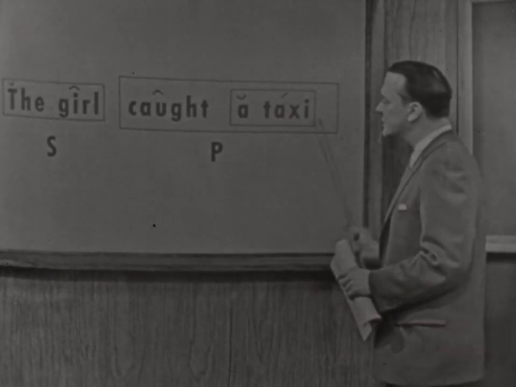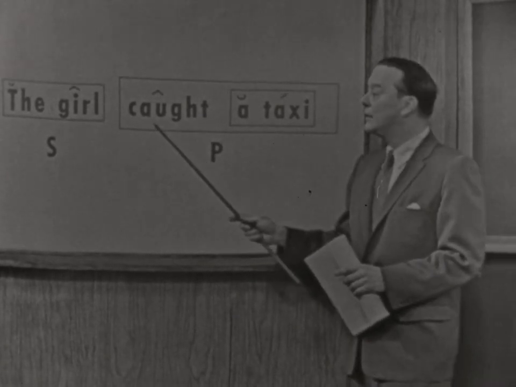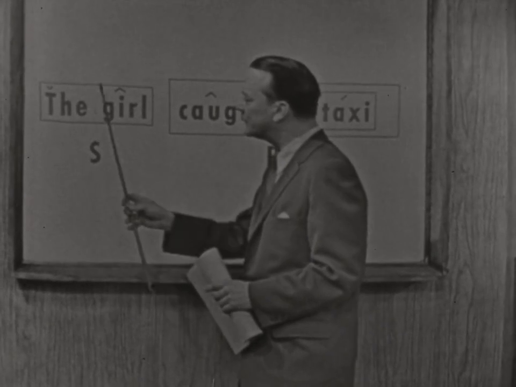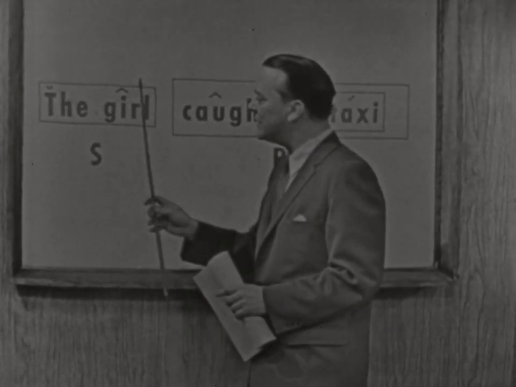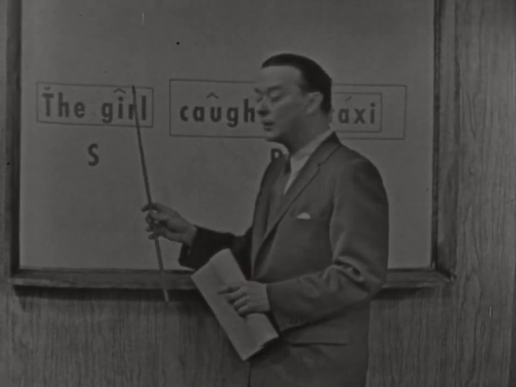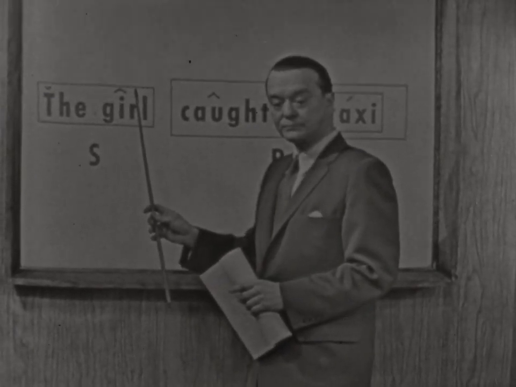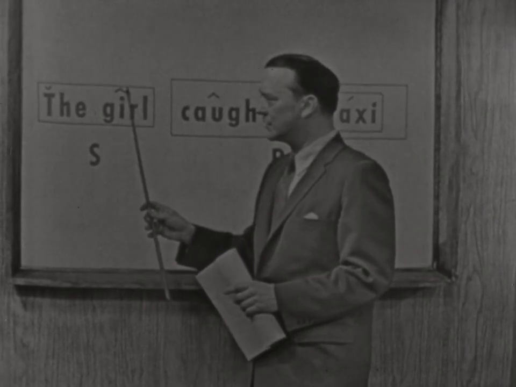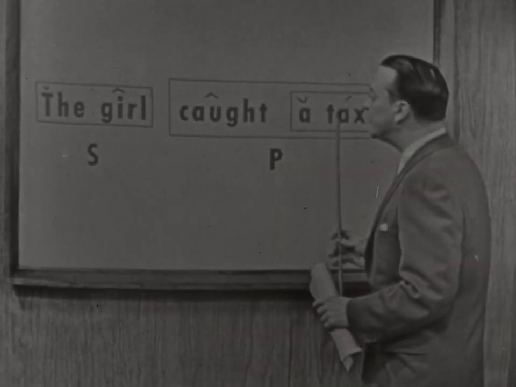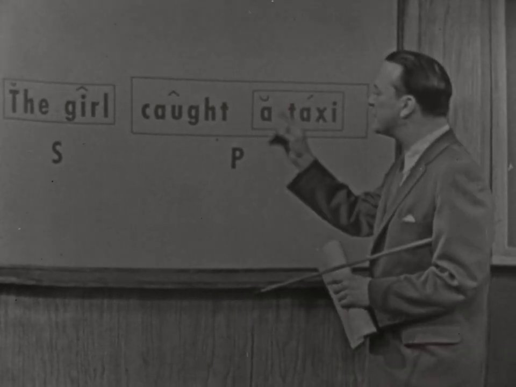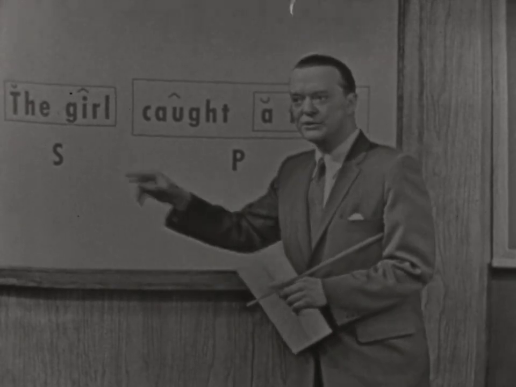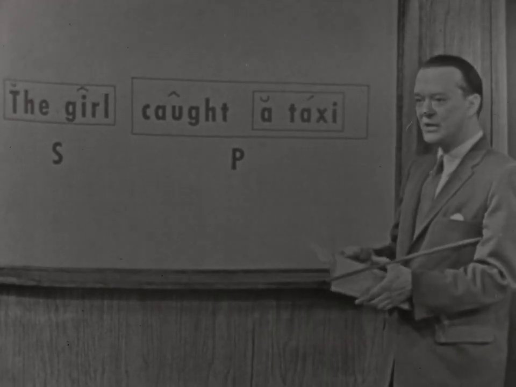Then this whole business, caught a taxi, counts as one unit, and I move up to this particular part, the girl, and the girl itself is a phrase composed of the word the and the word girl under a phrase superfix of weak stress plus juncture secondary stress. This one has been reduced in this particular sentence from a primary stress. So now I can look at a sentence like this, and I can see its phrasal composition, phrase by phrase by phrase.